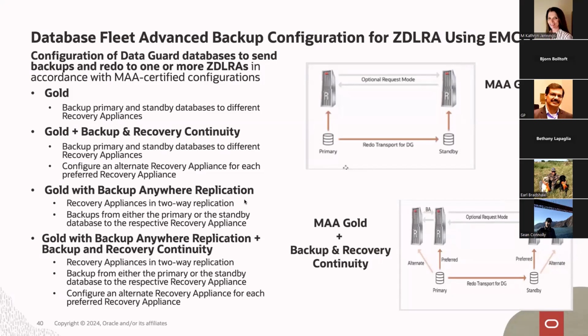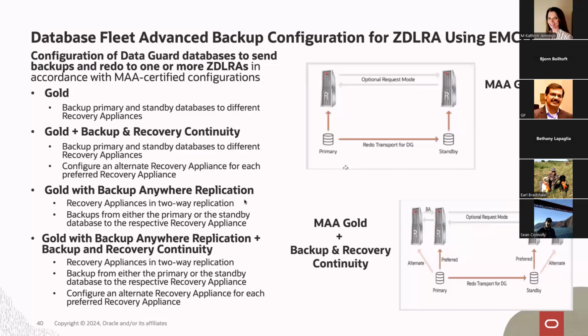We can also make sure that we have mirroring, so we make sure that everything is correct on both recovery appliances. We back up primary and standby to different appliances. That's backup and recovery continuity.